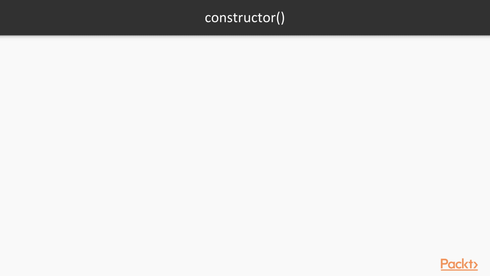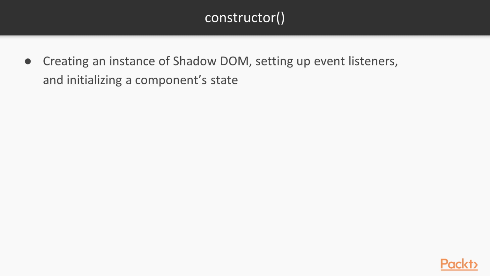And let's quickly look at what the constructor method is. In our constructor method, we had called a super function and we have attached a shadow. So let's go ahead and look at the definition. Constructor is basically used for creating an instance of the shadow DOM like we have done in our code. It is used to set up event listeners and initialize component state.